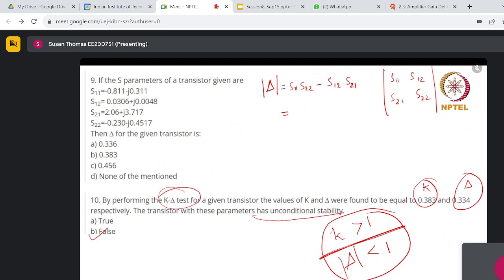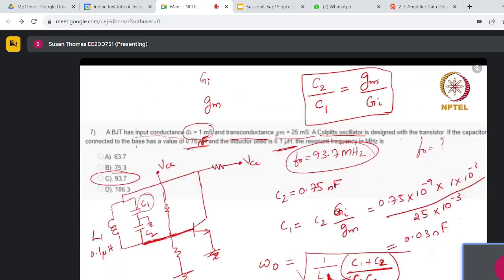Oh, you are getting? Yes, sir. Okay, fine. Omega naught is 5.76 into 10 to the power 8. Okay. That's fine.